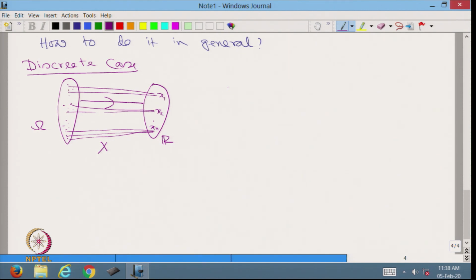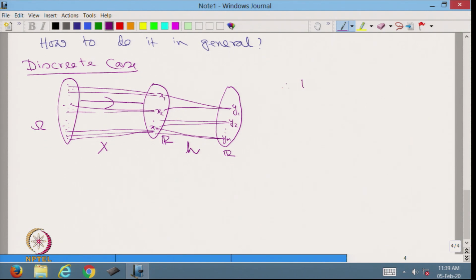We are now looking at the mapping of y, and some points from here are mapping to say y1, some other points are mapping to say y2, and some other points to ym. And suppose this is the function h.